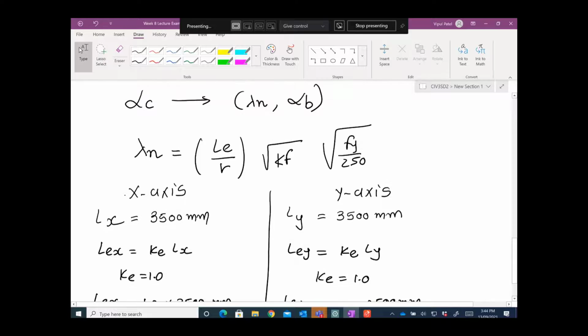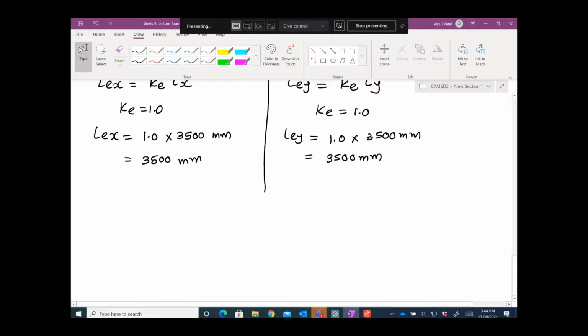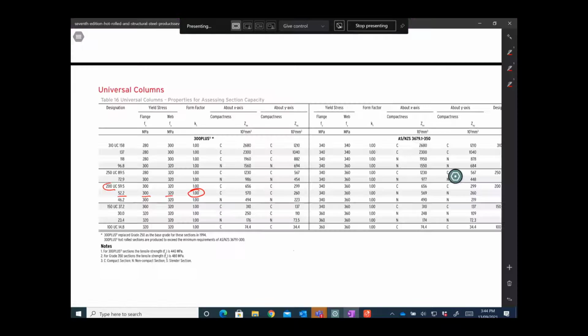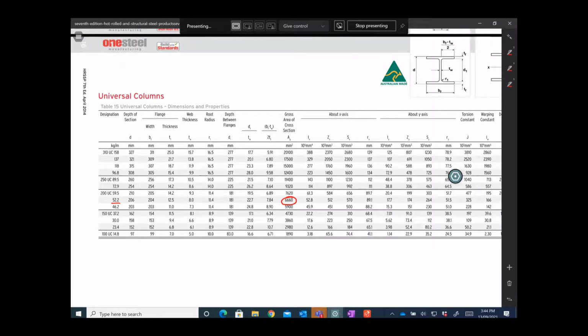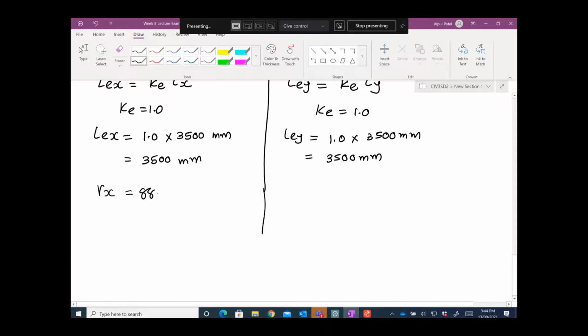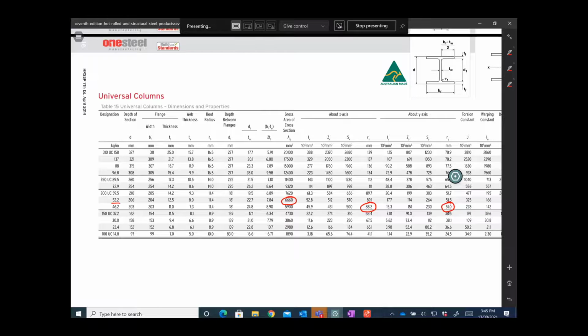Now, the second thing we need to get is the radius of gyration. The radius of gyration rx about the x-axis, let me go back in here. Radius of gyration about the x-axis is 88.2 and 51, right?